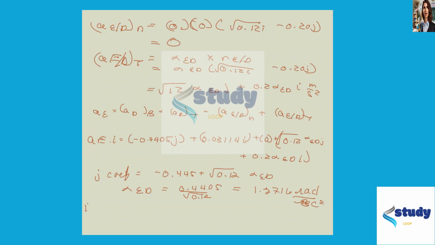And for my I coefficients, I get AE equals, and that'll equal 0.285 meters per second squared, right.